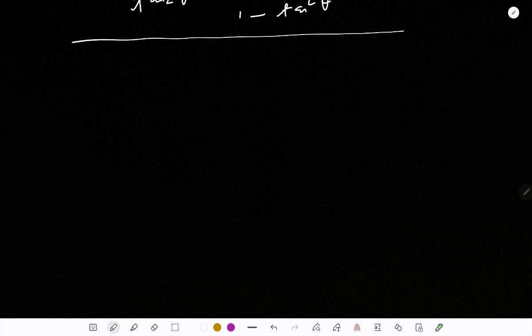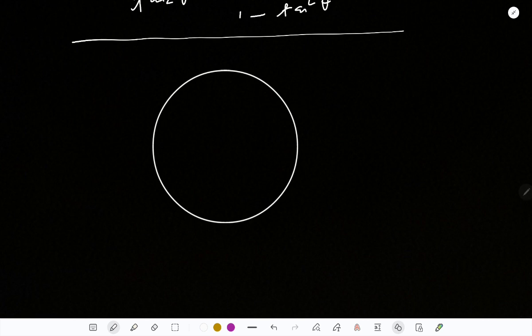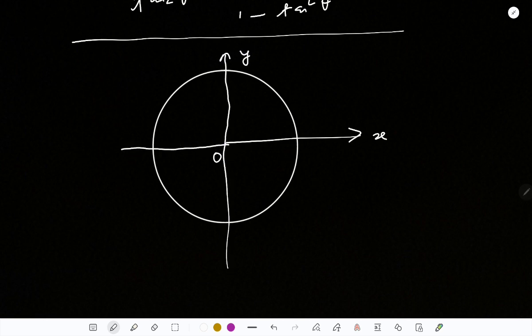So I'm going to invite a unit circle in our discussion to make things even. And this is a circle on your screen. Here is its center. Just draw the coordinate axes, usual x and y axes, and divide this circle into four quadrants.